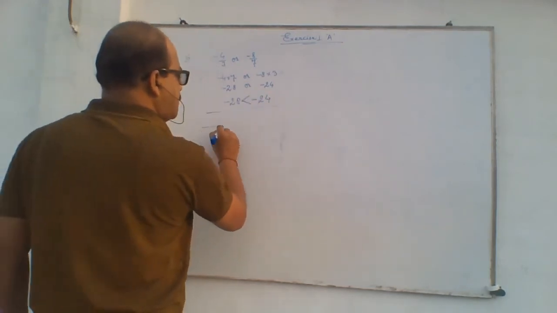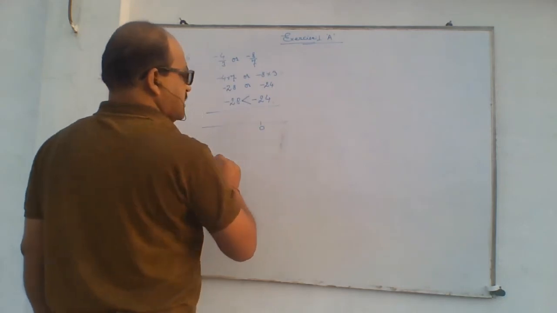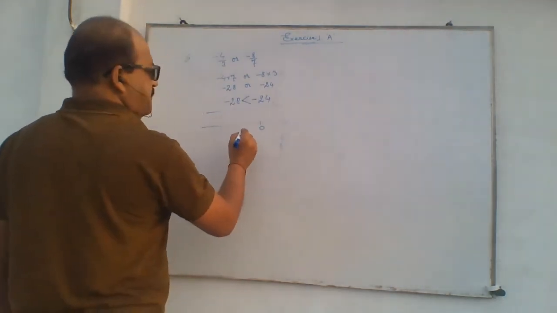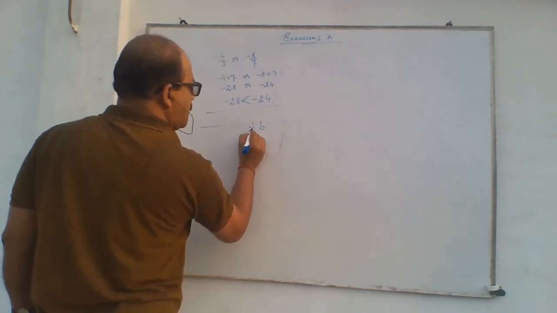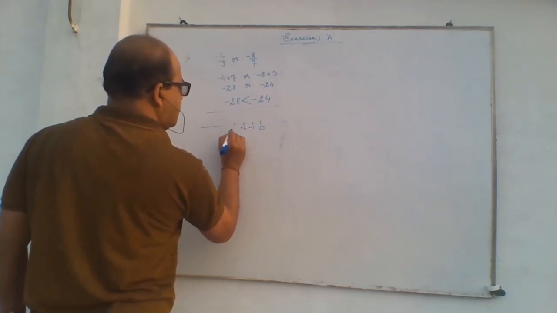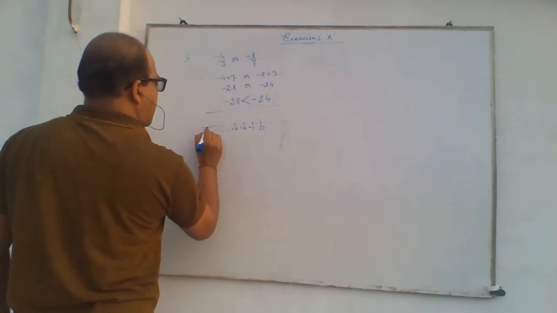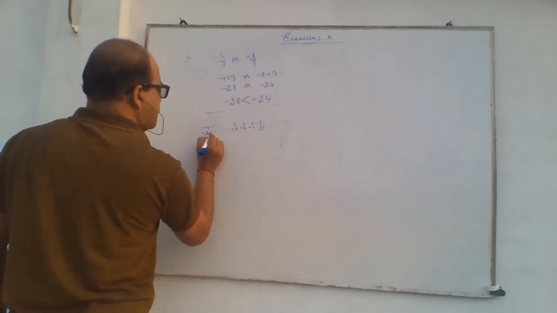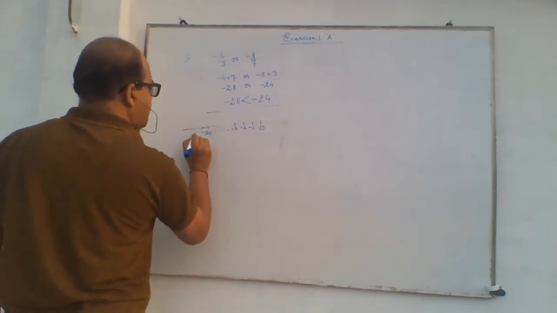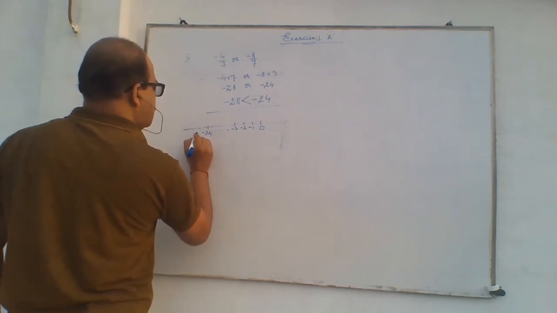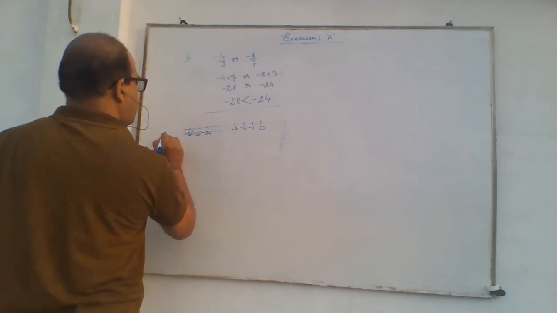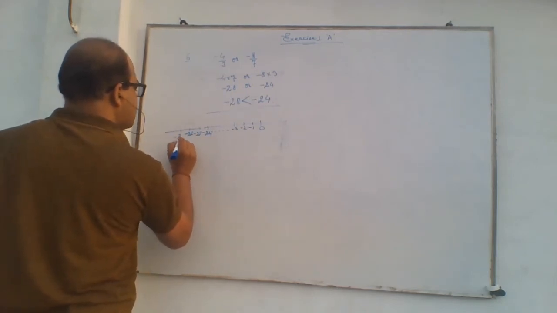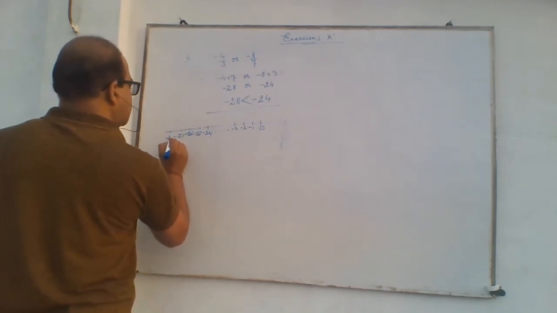Again, we know this from the number line. Here are 0, minus 1, minus 2, minus 3, and here minus 24, minus 25, minus 26, minus 27 and minus 28.